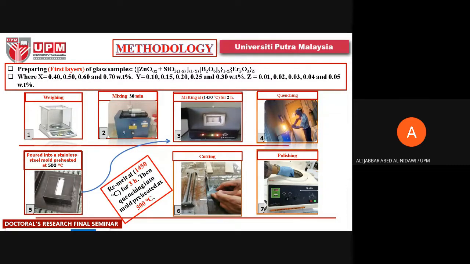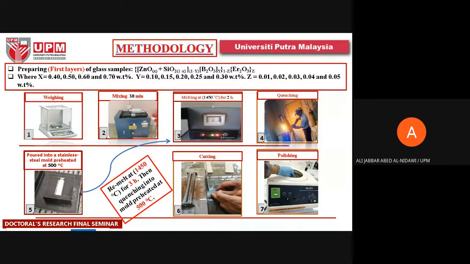When I made my first samples, they came out crushed and broken. So I discussed with my supervisor and did remelting at 1450 degrees Celsius for another 3 hours, then quenched into the mold preheated at 500 degrees Celsius in another furnace. Then I did the cutting.